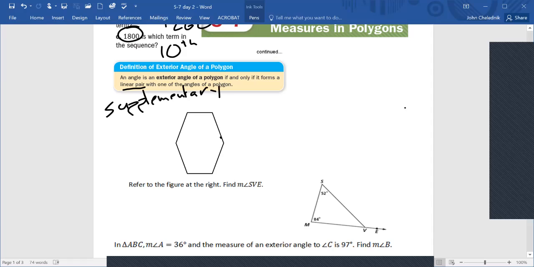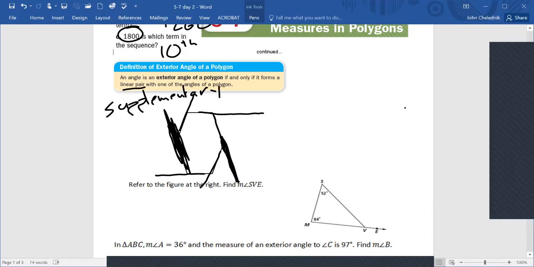So this is an exterior angle. It's when you make one of the sides just a little bit longer. If we draw all the exterior angles, one at each vertex, it will look like this. So these are exterior angles. Sorry about that. That's supposed to be like that.